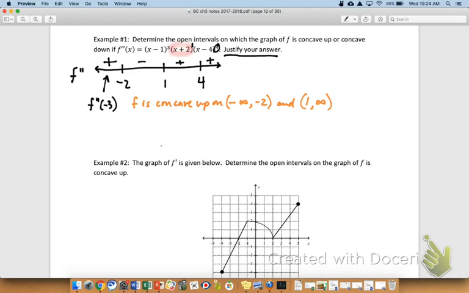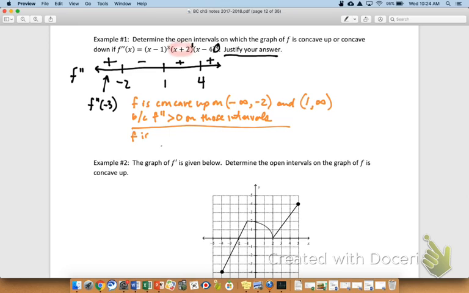Okay, and then you'd say because f double prime is positive on those intervals. So for us, this is kind of what I'm looking for as far as the justification. One sentence, tell me where f is concave up, and tell me why based on the second derivative. Does that make sense? Okay. And then we do the same sort of thing because it also asks for concave down.